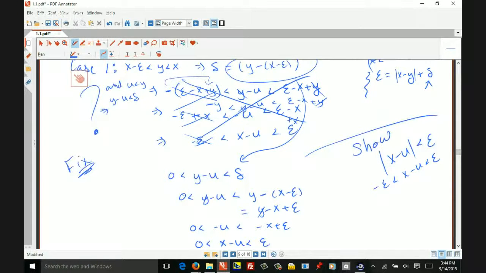Now the trick is that it's not so pretty when you're in the case, here again is our x, here's x minus epsilon, here's x plus epsilon. If we choose y down here, then this was our delta.